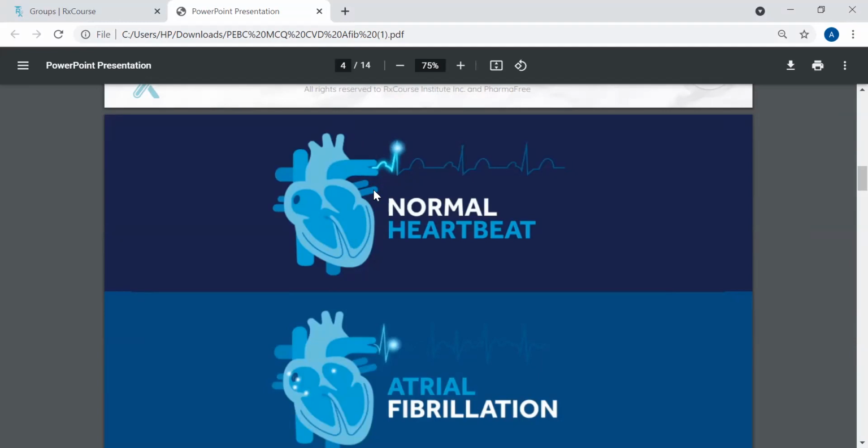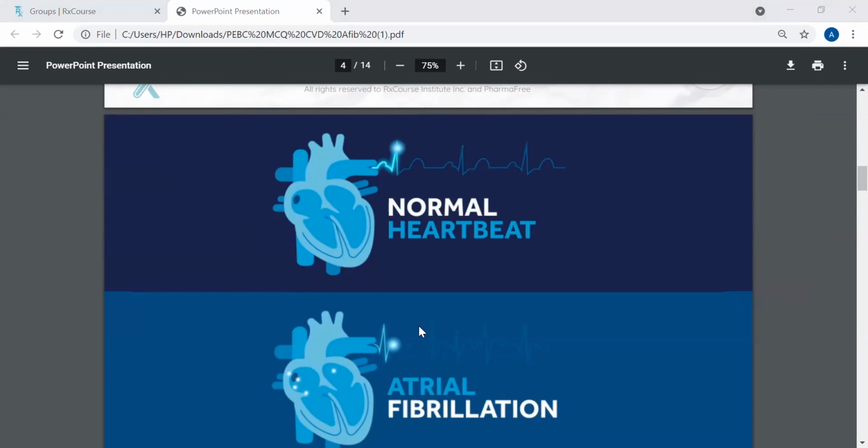We don't have to go deeply into that. This is why we say fluoroquinolones, citalopram, and some other medications will cause QT prolongation, which is the distance between here and there. Okay.